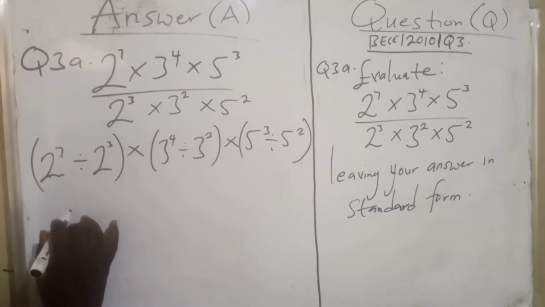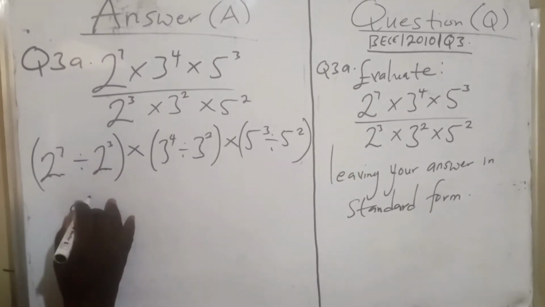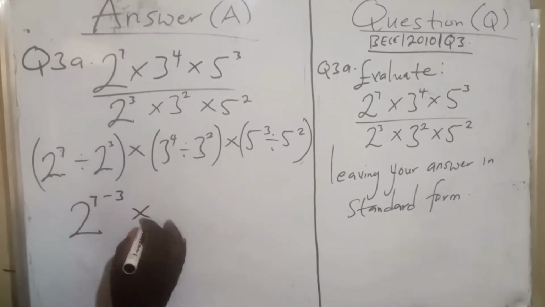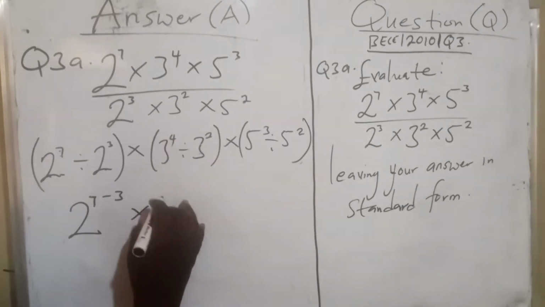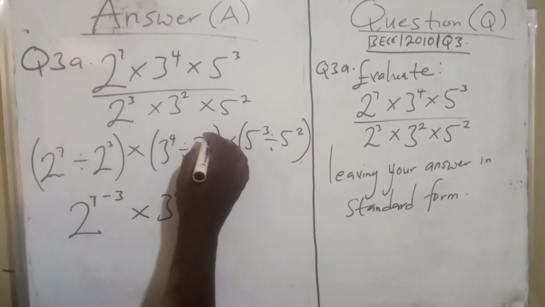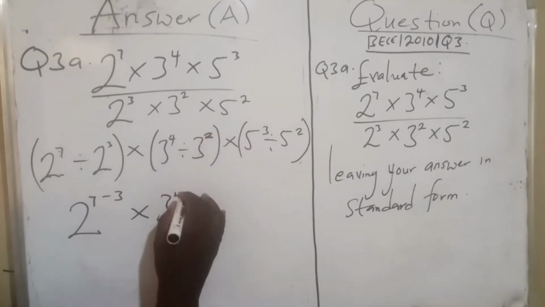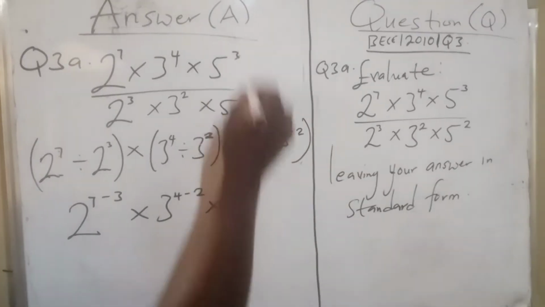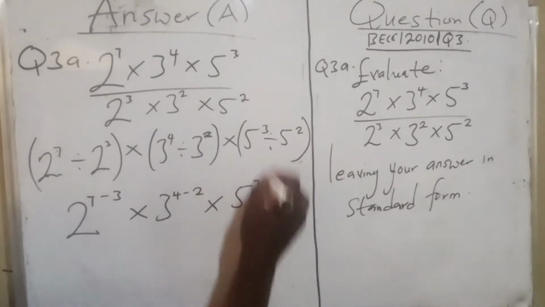So doing so, we have 2 exponent 7 minus 3, multiplied by 3 exponent 4 minus 2, multiplied by 5 exponent 3 minus 2.